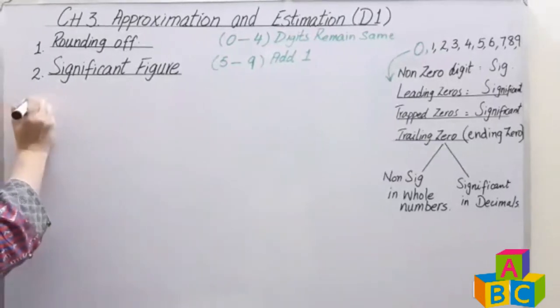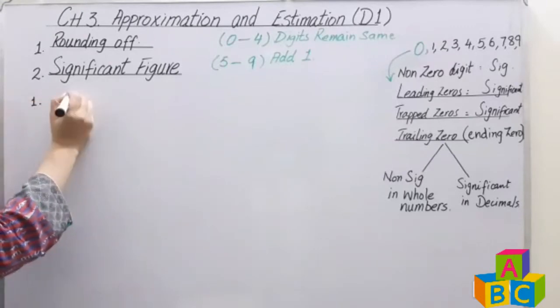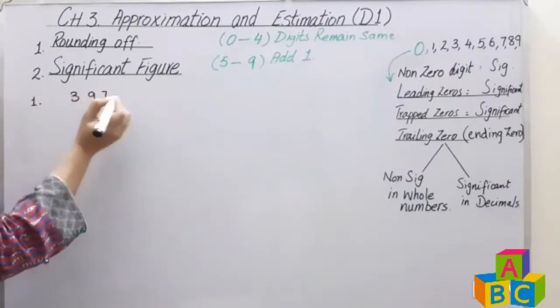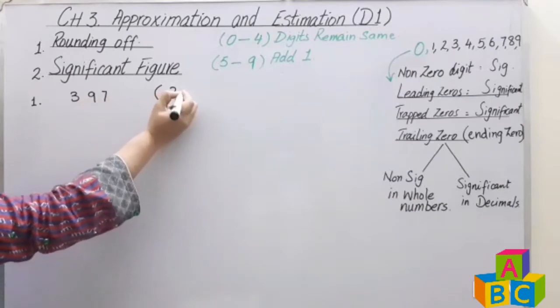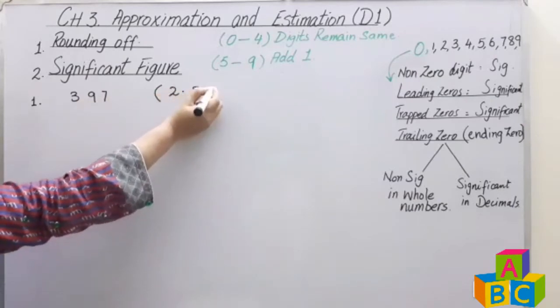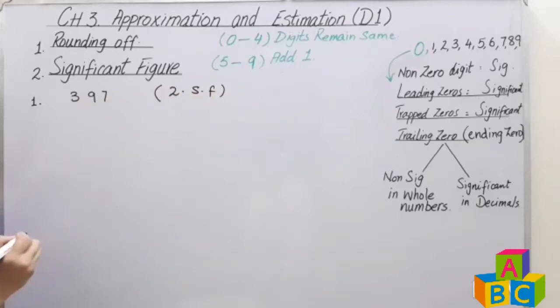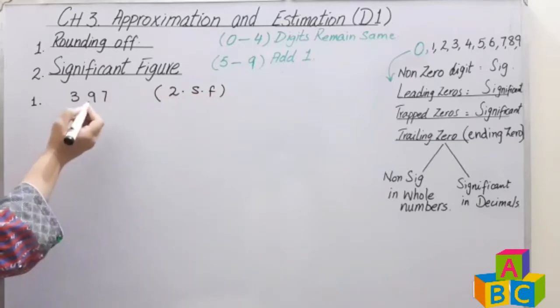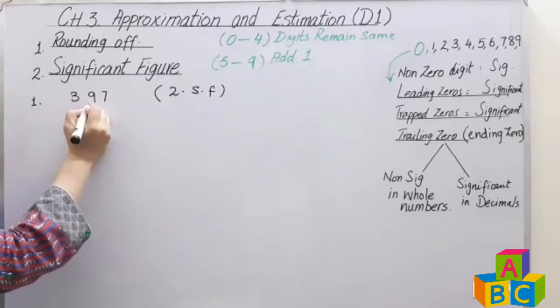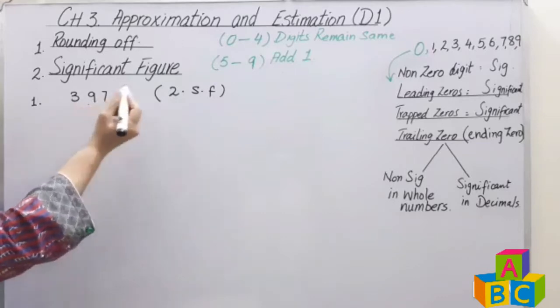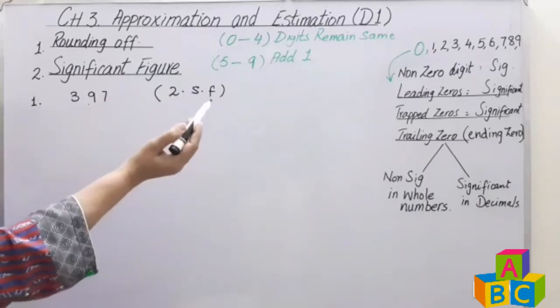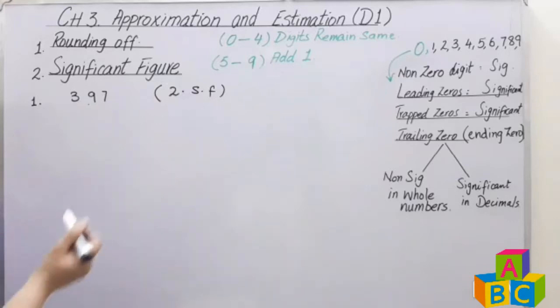Just like question number 1, part 1, 397. We need to round it up to two significant figures. As you know, we live in a decimal system, 0 to 9. The digits 1 to 9 are significant and 0's significance changes according to its position.